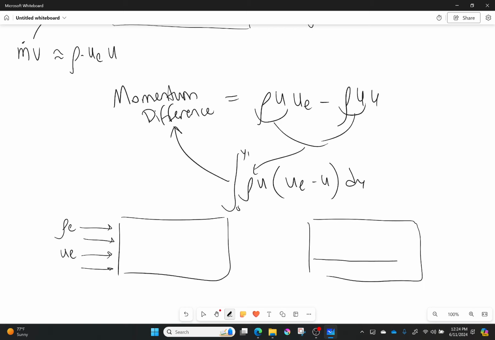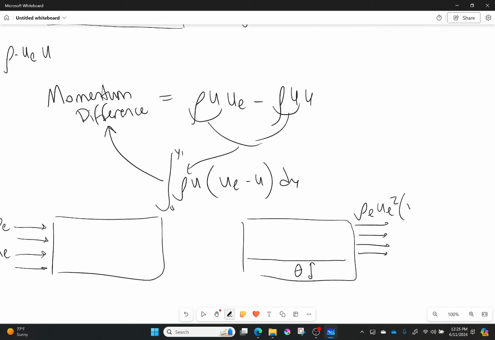So I have some thickness right here, which I'm going to call theta, which is simply saying I don't have any momentum here anymore. And so what's coming out is going to be equal to rho e ue squared times y minus theta. So the missing portion is all due to that theta term, because I've gotten rid of it now.